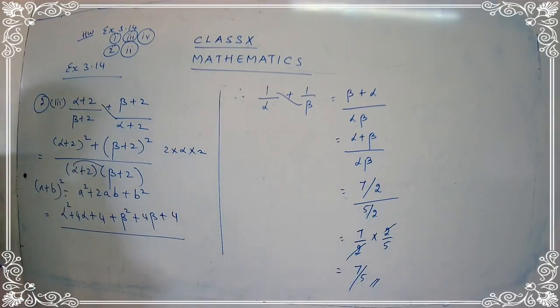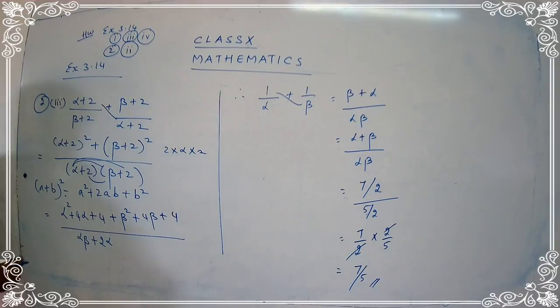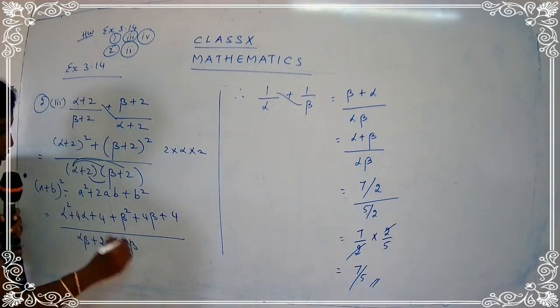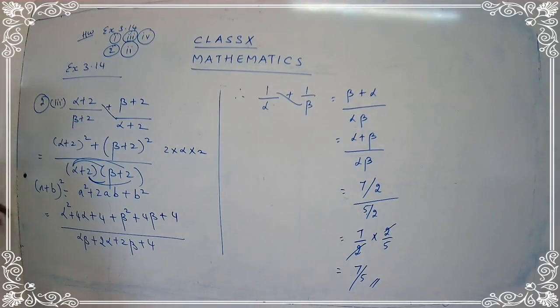Alpha into beta, alpha beta. Alpha into 2, 2 alpha. 2 into beta, 2 beta. 2 2s are 4. See here, children, what do you have here?